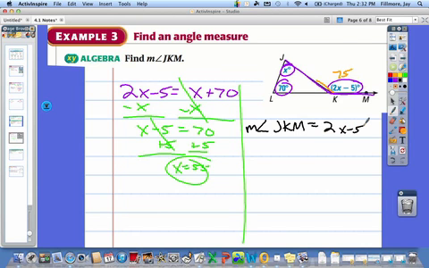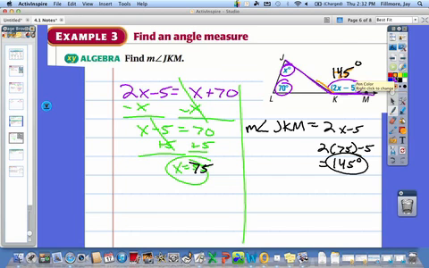So if I plug x back in, which is 75, this is 2 times 75 minus 5, which is 145 degrees. So this exterior angle, my mistake, is 145 degrees. Now we're finished with the problem. You see how easy it is to stop at x and not read the problem carefully.